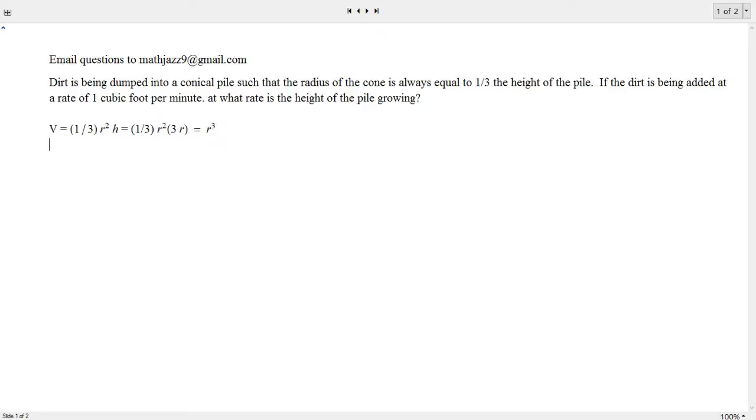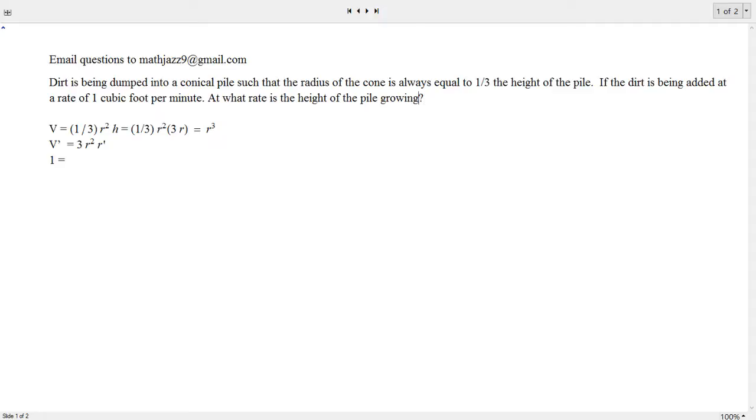Anyway, now we take the derivative, and we get V prime equals 3r squared r prime. We know that the dirt is being added at a rate of 1 cubic foot per minute. So that gives us 1 is equal to, oh, we needed one more part of the equation.